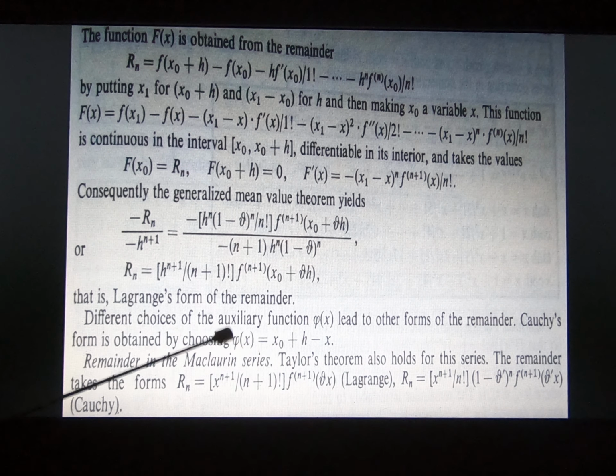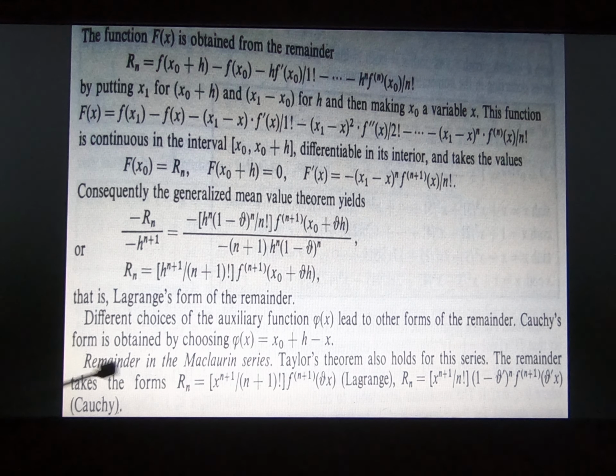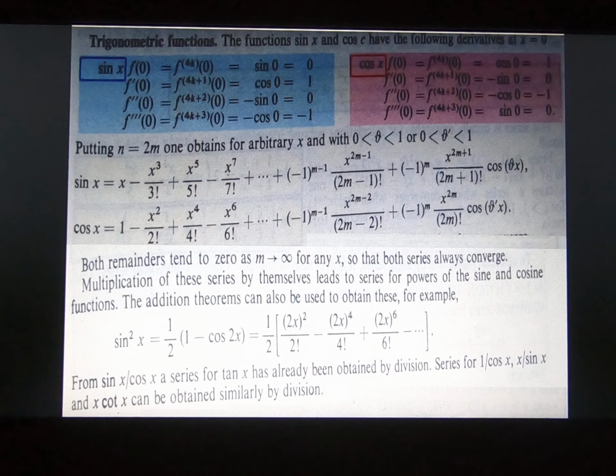If you choose the auxiliary function differently, you get a Cauchy remainder form, and the remainder in Maclaurin series is like this. These are examples using the trigonometry function sin x, and you can see the value here and cosine x here, and both remainders tend to be 0 as n goes to infinity.